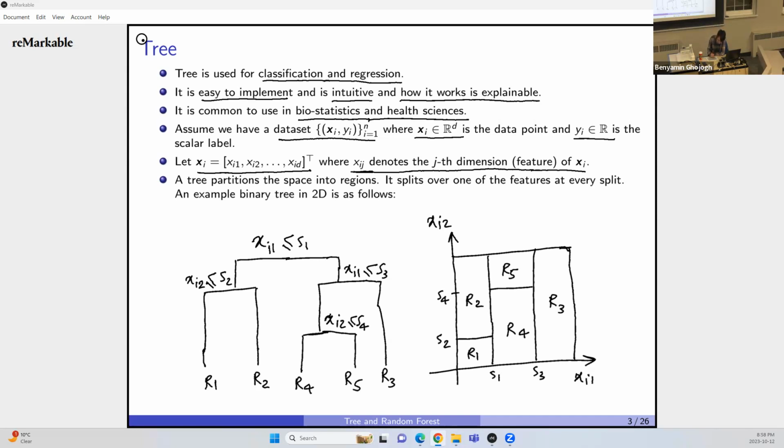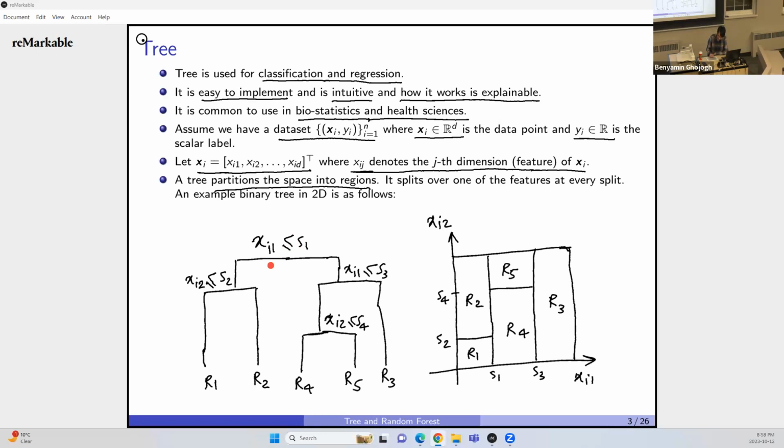A tree partitions the space into regions. Let's see an example here. Consider the two-dimensional space like this. So xi1 and xi2, right? Feature 1, feature 2. So consider xi1. We ask whether it's less than some threshold S1 or greater than S1.